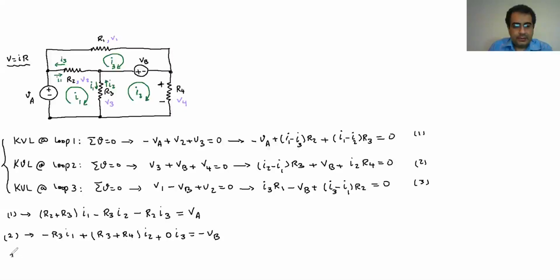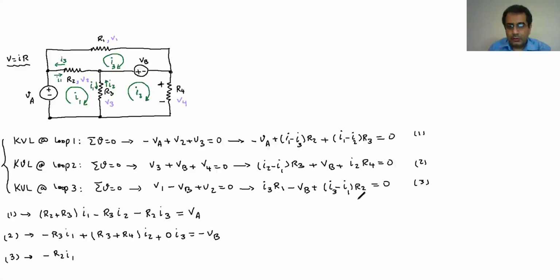And then the third equation. Again, double check. For the I1, negative R3. For the I2, R3 plus R4. We don't have any I3, and the VB goes there. And then for the last equation, for the I1 it is negative R2 I1.